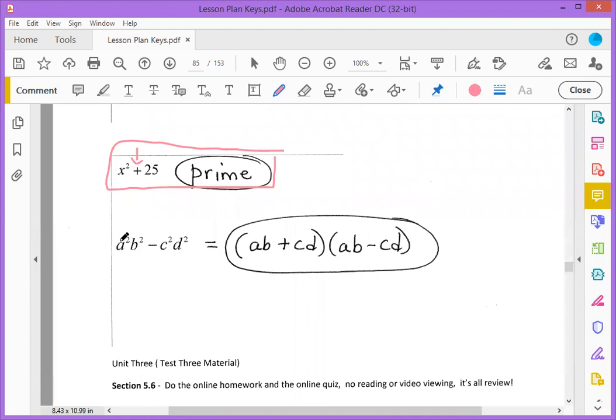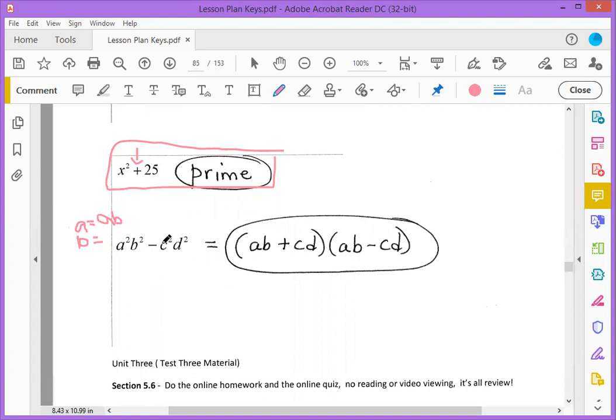All right, the next example, we have a squared times b squared minus c squared times d squared. So this is a difference of perfect square numbers. We can identify our a and b terms. Our a term, what are we squaring to get a squared b squared? We're squaring ab.